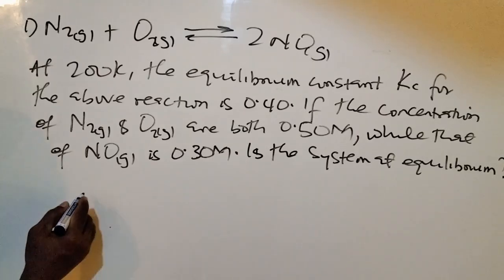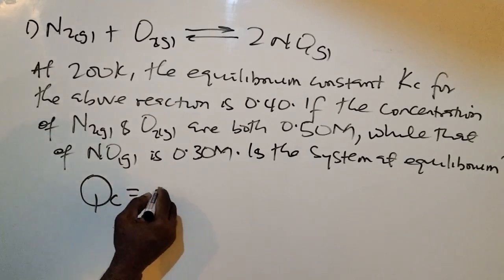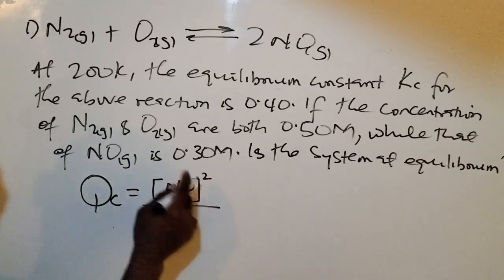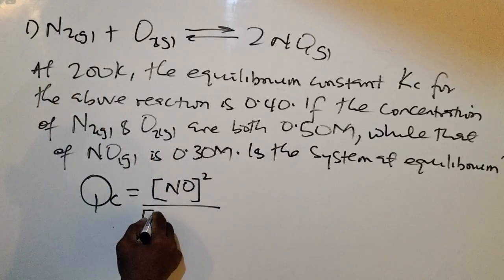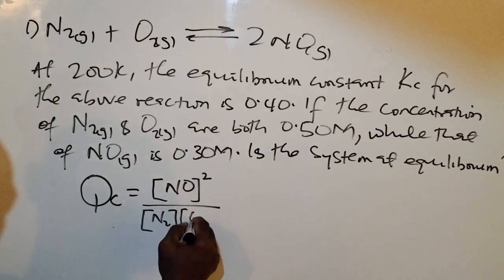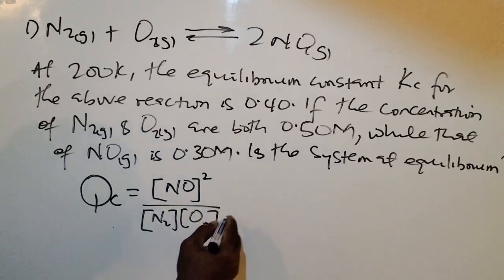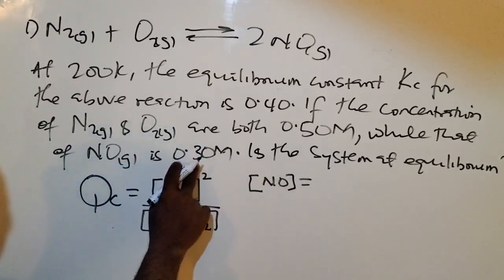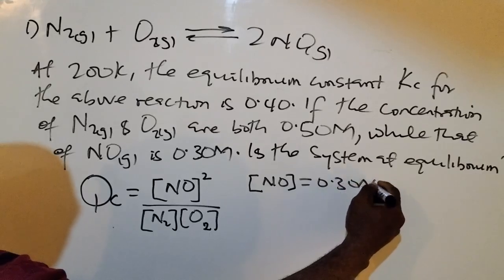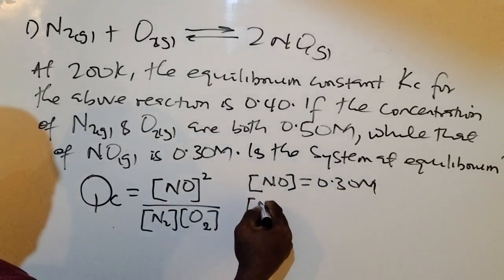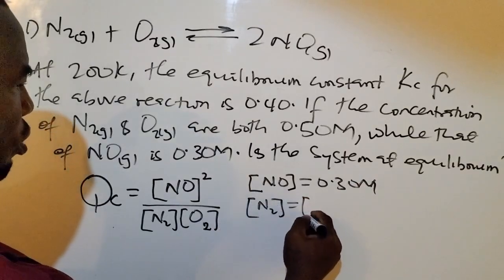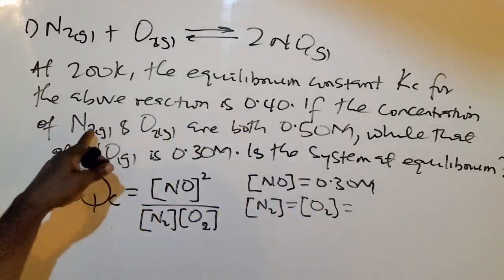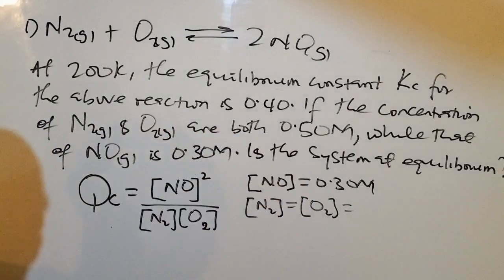The expression for the reaction quotient Qc for the above reaction is the concentration of NO, the product, raised to power 2, over that of the reactants, that is nitrogen multiplied by oxygen. The concentration of NO is 0.30. The concentrations of nitrogen as well as oxygen are equal, both 0.50.